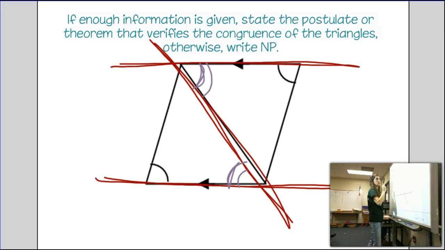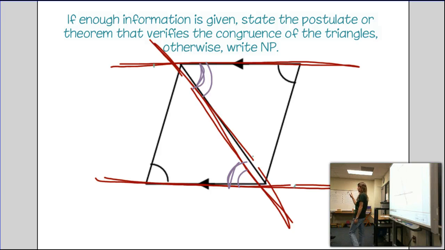I'm going to double arc it because we've already used single arc. And there's this pair, the green and the purple. Which one is of no use to us at all? The green one. Those angles are not the alternate interior angles. The purple are the alternate interior angles. There's not two pairs here. There's one pair.